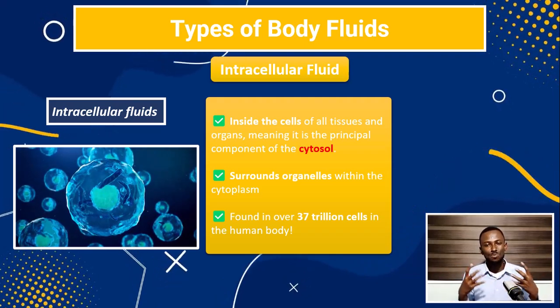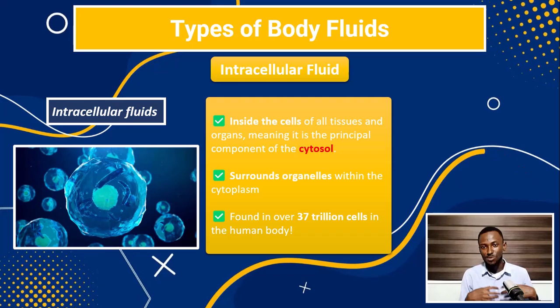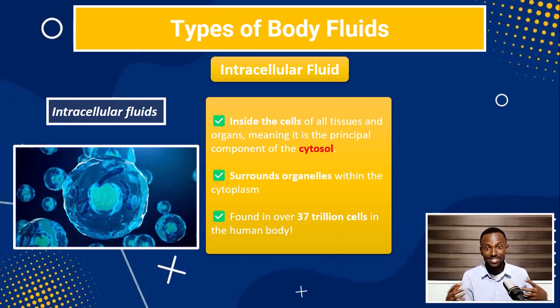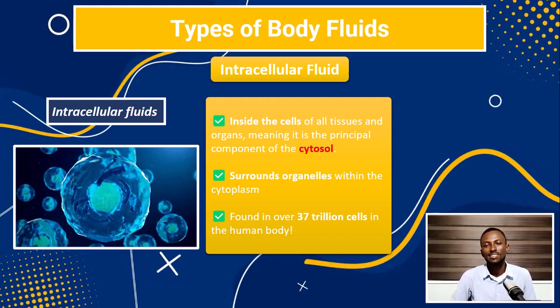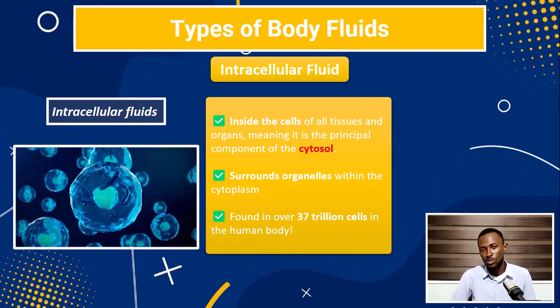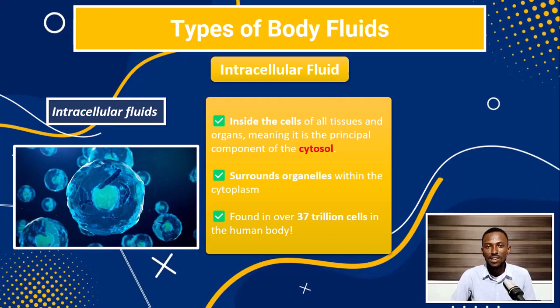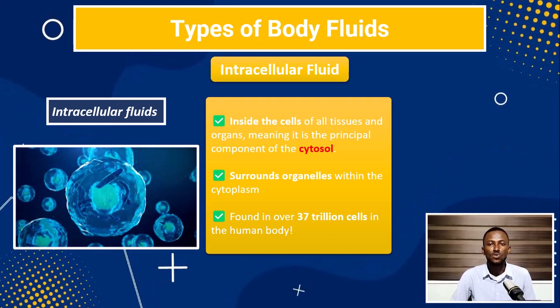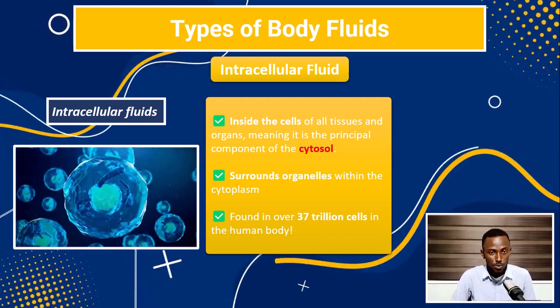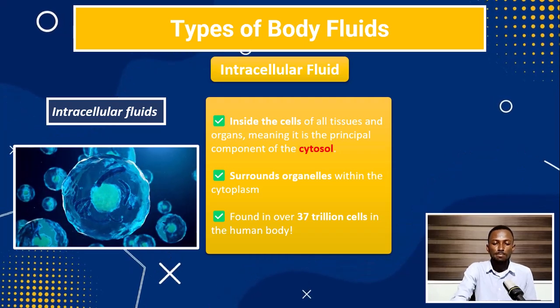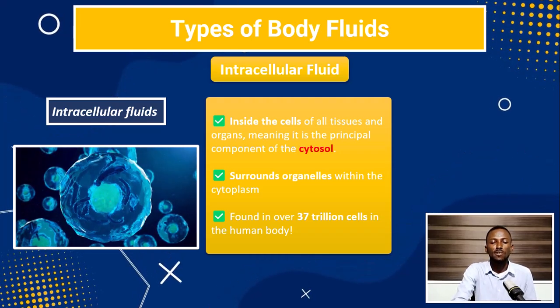That is that soup-like part of the cell in which all the organelles are found. And there are trillions of cells in the human body, and these trillions of cells serve as intracellular compartments for storing these intracellular fluids.